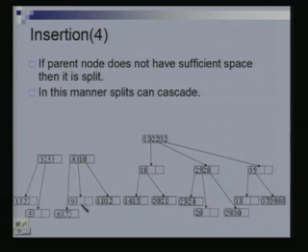Why 2 of this and 3 of this? Because 5 is going to be promoted up, right. So that means there is only going to be one key left here, which means this can have only 2 children. The first 2 children will go here. This will have 2 keys, which means 3 children. So these 3 would be its children, and we promote 5 up.